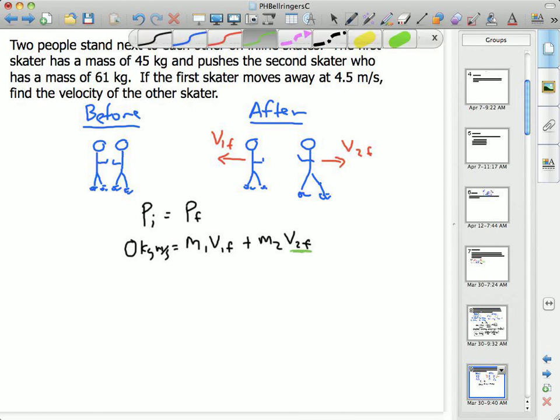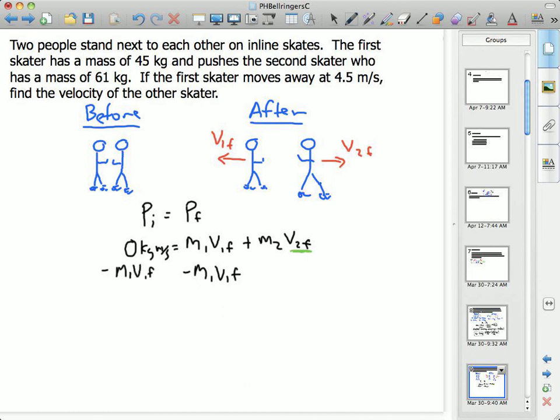Solving for V2 final, we subtract M1 V1 final from each side, and we get negative M1 V1 final equals M2 V2 final.